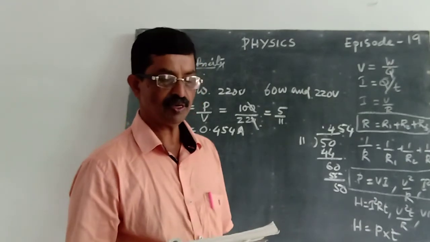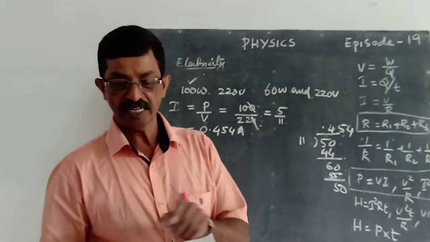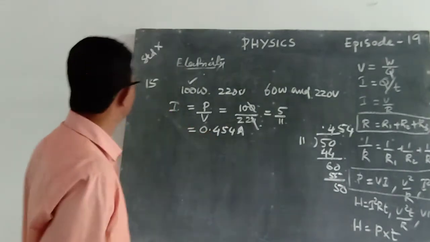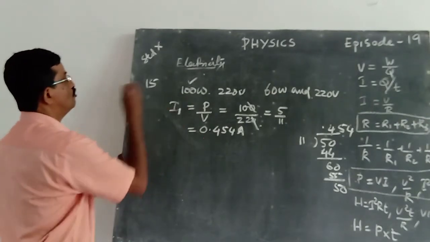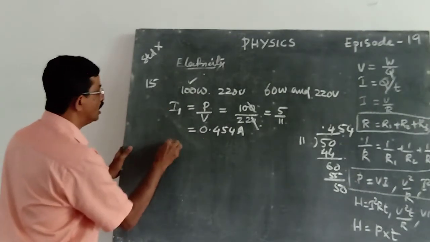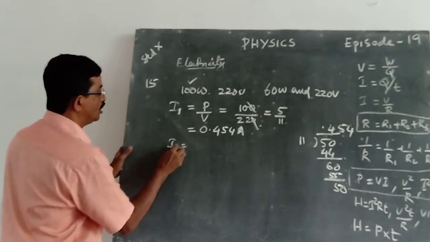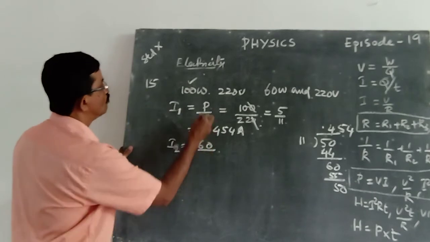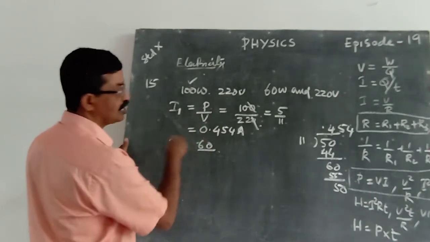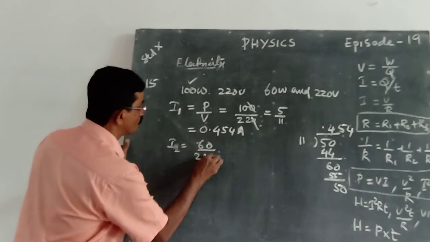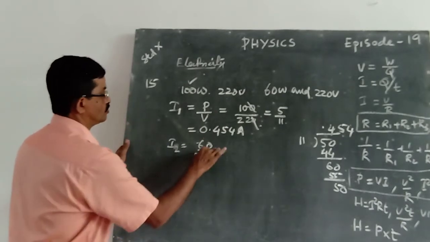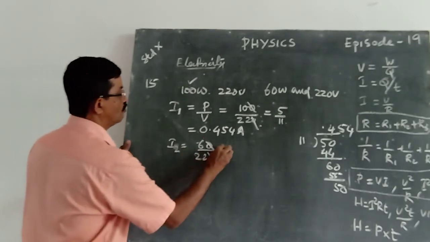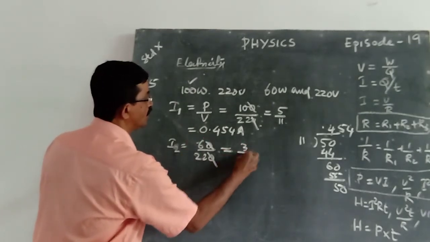Next, we want to find out the current for the potential 220 and power 60. This first current we can put as I1. So the second current I2 is equal to P by V, that is 60 by 220. We can cancel, then again cancel, and we get 3 by 11.